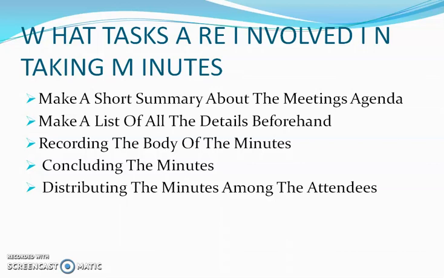Secondly, make a list of all the details before and after. Thirdly, record the body of the minutes. Last, take the minutes. Finally, distribute the minutes among the attendees.